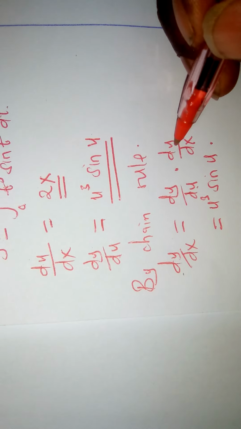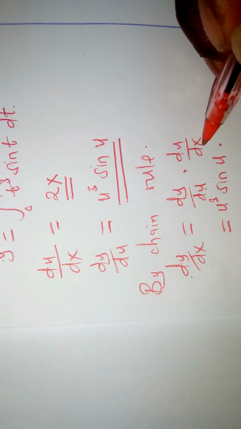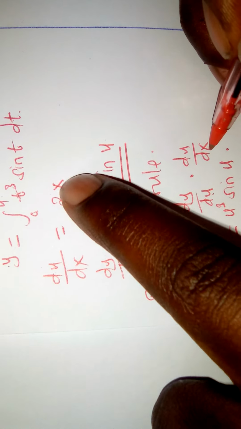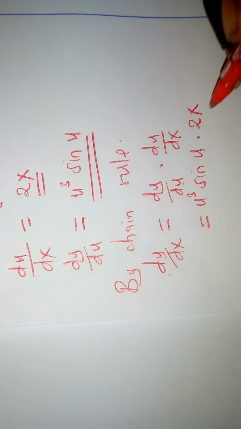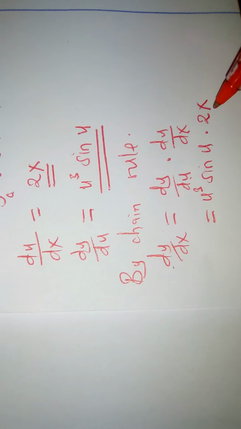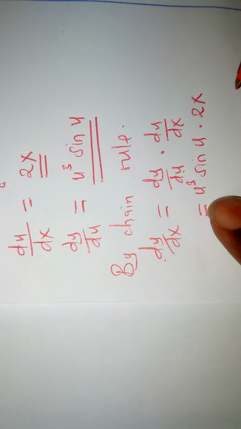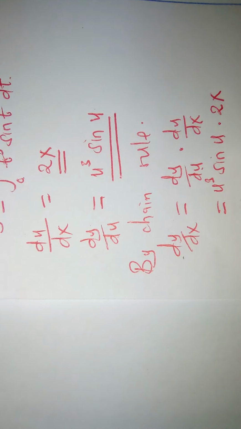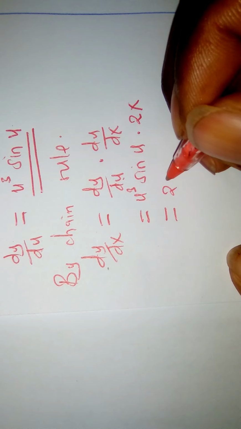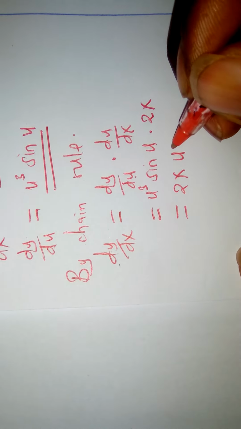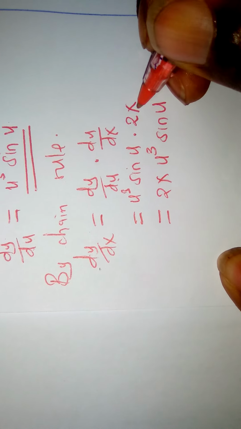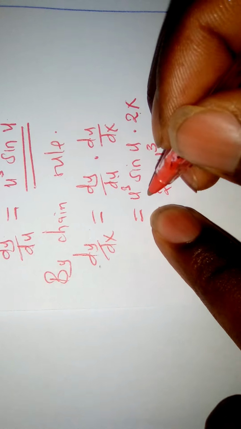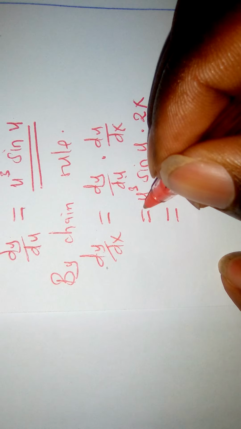Then I have du/dx, and my du/dx here was 2x. So I come here and say dot 2x. When I work this out, I can bring 2x to the other side, so that I come up with 2x u cubed sine u. So I've just taken the 2x to begin the expression.